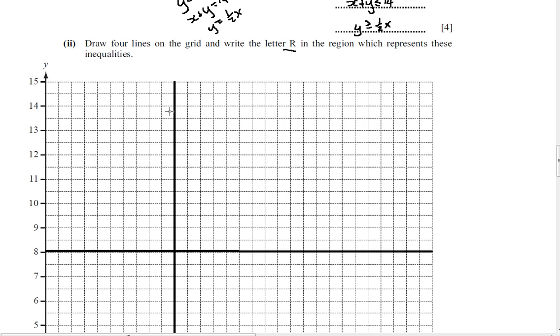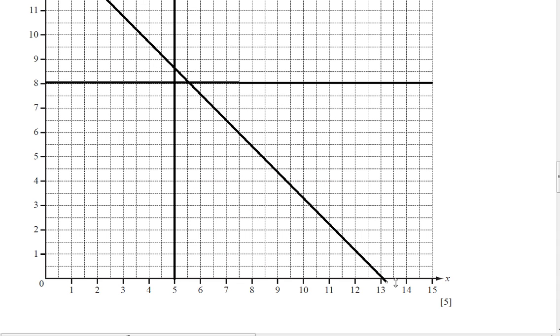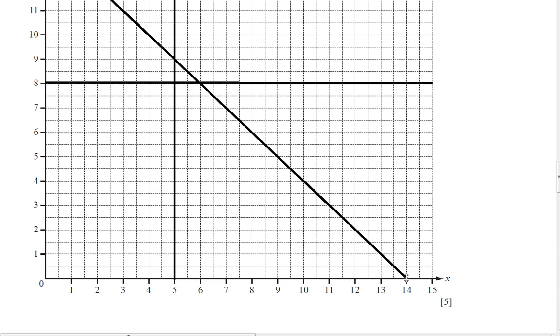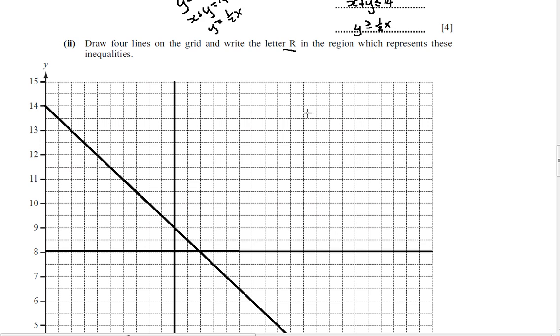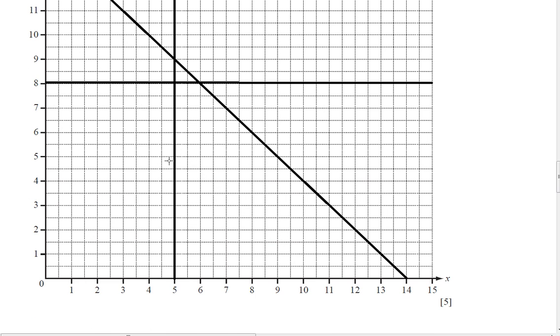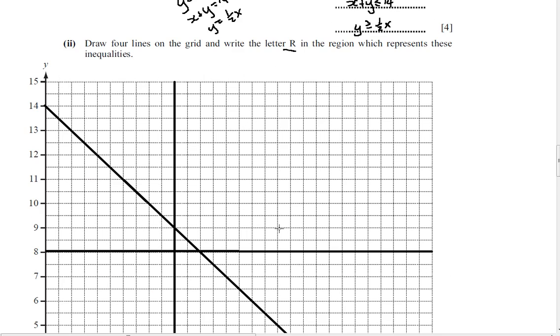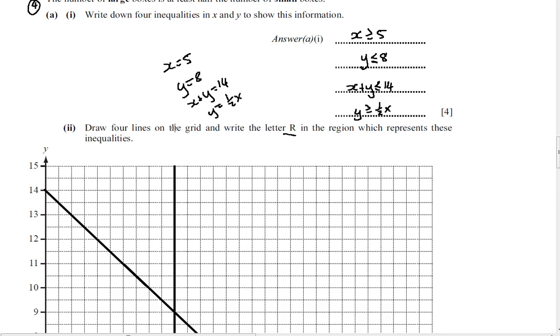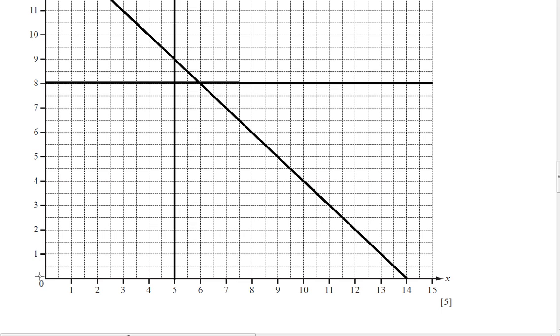X plus Y, you should know how to draw these. I'm just going to draw it quickly. Find the X intercept, find the Y intercept, etc. And Y equals half of X. It goes through 0, and when X is 1, Y is a half. When X is 2, Y is 1.